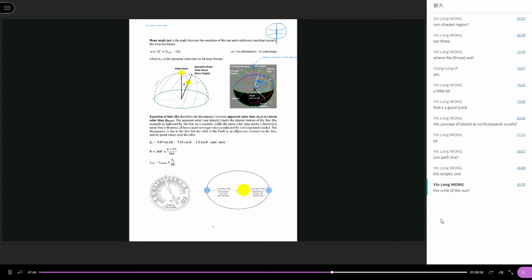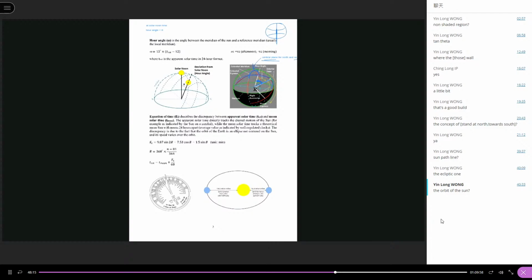So that is the solar noon. The sun at solar noon will always be at the vertical plane containing the north and the south direction. And that's why the hour angle for the solar noon time will always be 0. The hour angle will equal 0 at solar noon time.